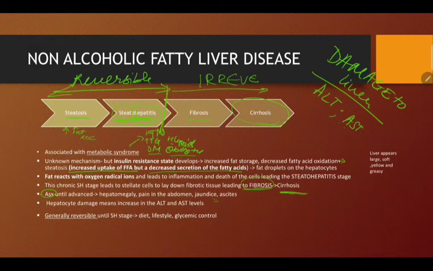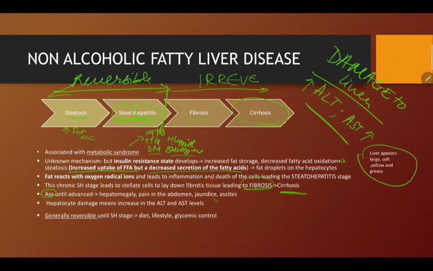Aspartate transferase, alanine transferase. Because there's damage to the liver, there's going to be an increase of both. Until the steatohepatitis phase, the liver appears large, soft, yellow, and greasy. But once it reaches the fibrosis and cirrhosis phase, it's nodular, scarred, hard.